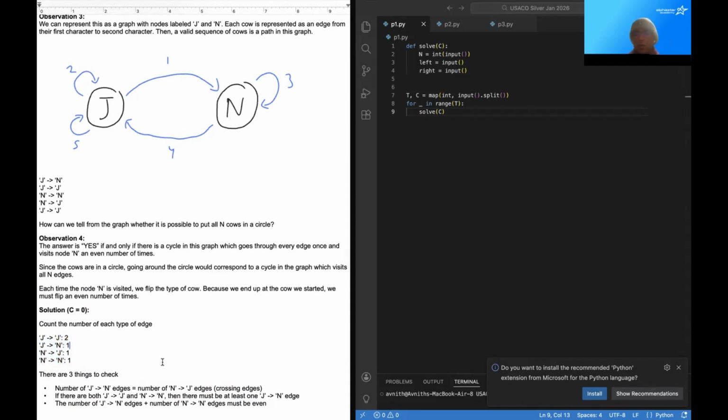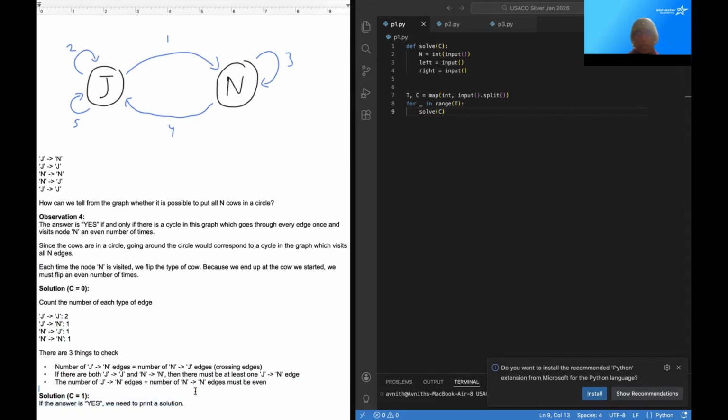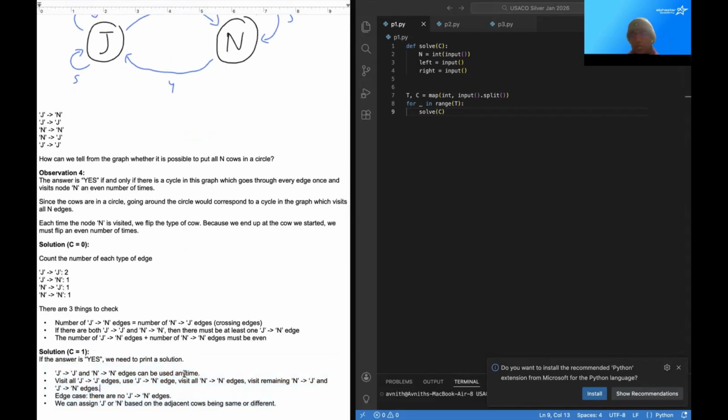Then to solve the full problem, where c equals 1, we need to print a valid solution. Essentially, we need a strategy that, given this graph, finds a cycle which satisfies these conditions. We can notice that we can visit J to J and N to N edges at any time since the start and end point are the same.